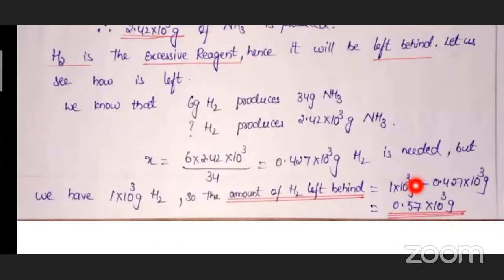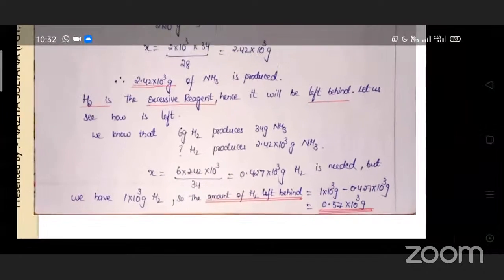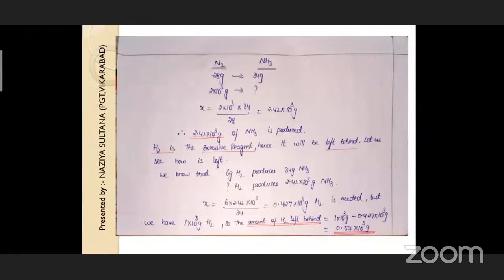Hope you have understood. Please go through this and understand it. It is very simple. To calculate the limiting reagent, first write down the balanced equation. Then see how much of the two reactants are needed as per the stoichiometry. Then see how much is provided.